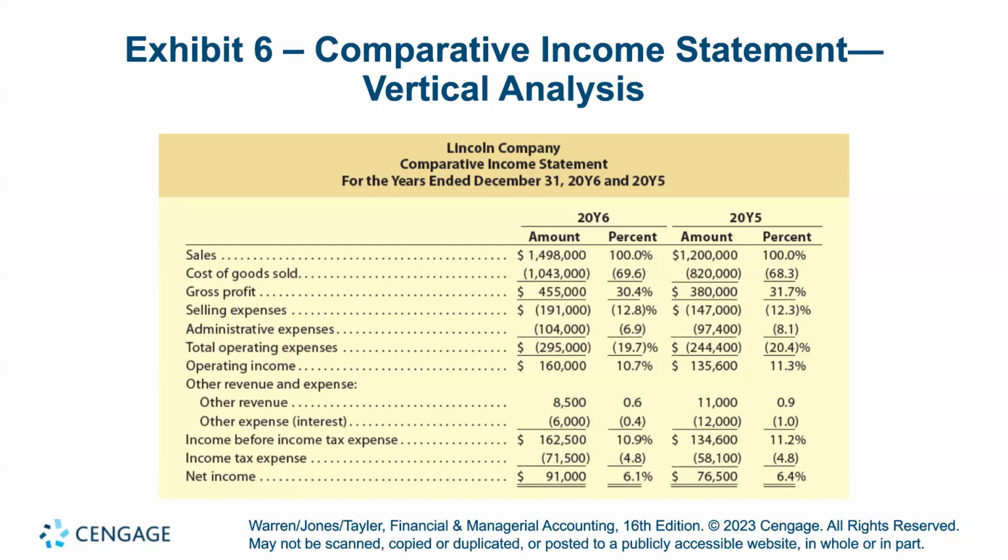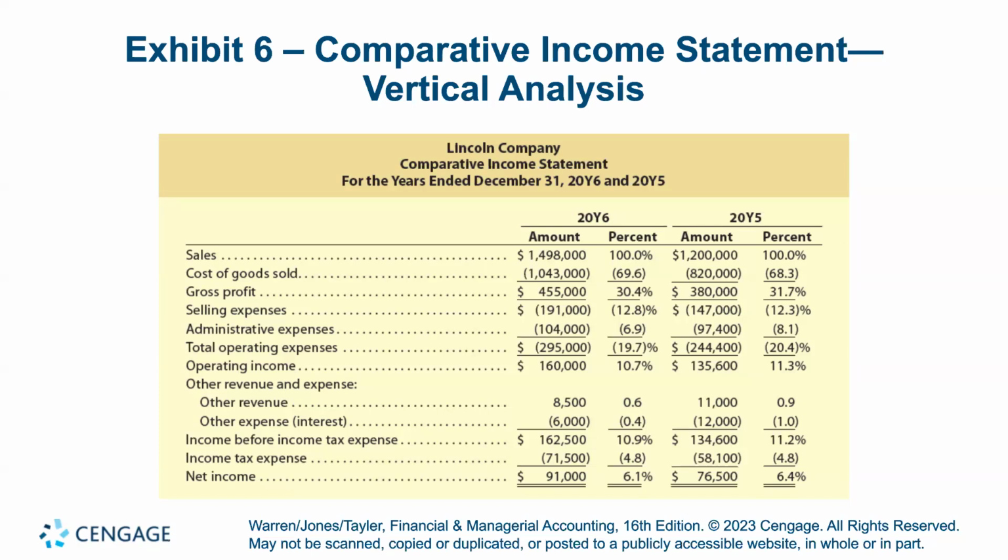So now we can see what our cost of goods sold is as a percentage of sales. We can see from 2015 to 2016, it actually went up a little bit as a percentage. That helps us because when we see our sales go up from 1.2 million to 1.498, we would expect to see our cost of goods sold go up, which they did.